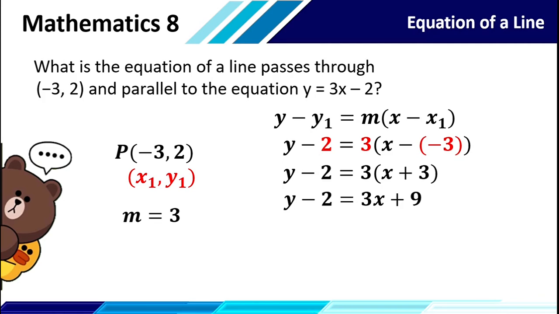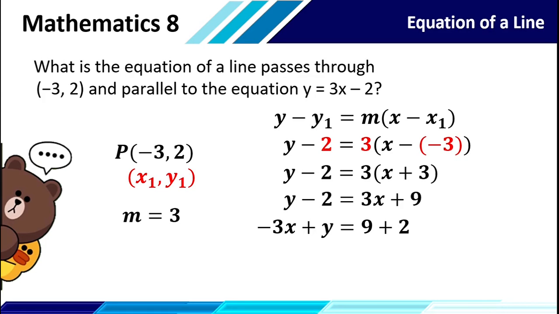Now that our equation is already simplified, we can transform it now into standard form. Always remember, your final answer should always be in standard form. So we will transpose 3x on the other side and negative 2 on the other side. So we will have negative 3x plus y is equal to 9 plus 2.